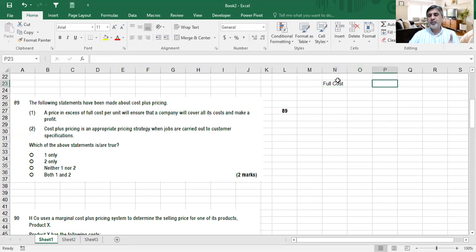Okay. You say my full cost is $50, and then I put my markup, which is, let's suppose, 30%, which is 15, and I put my selling price as $65. Okay. So it says that a price in excess of full cost, a price which is 65, which is in excess of full cost 50, will ensure that the company will recover all its cost and make profit.